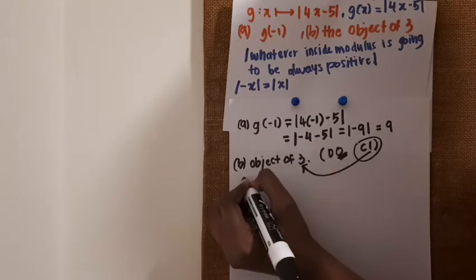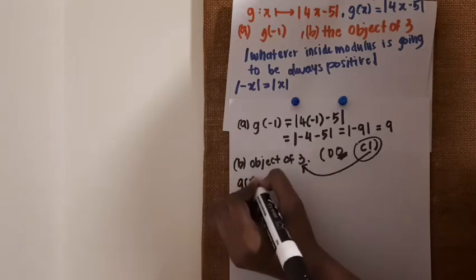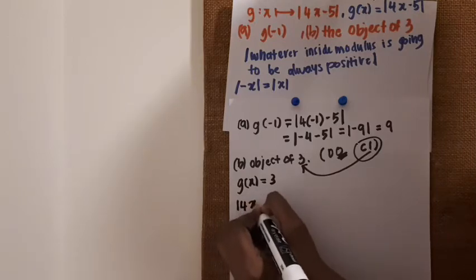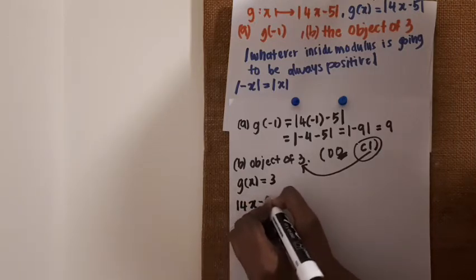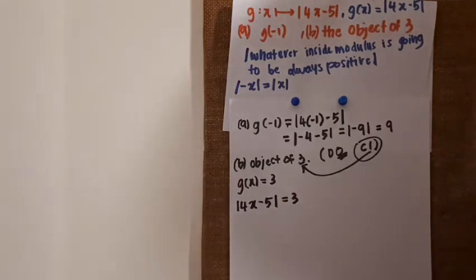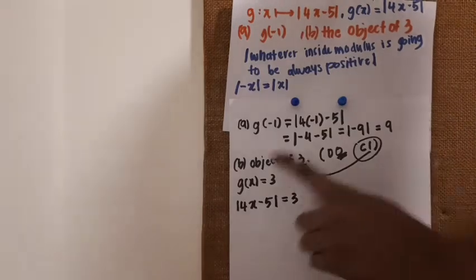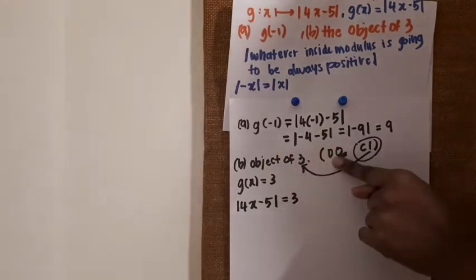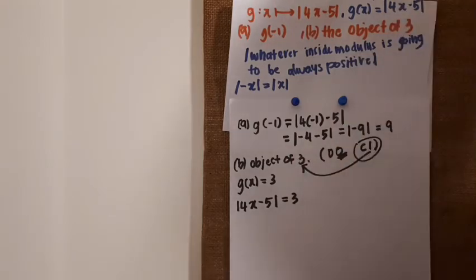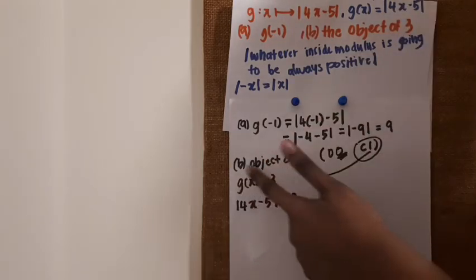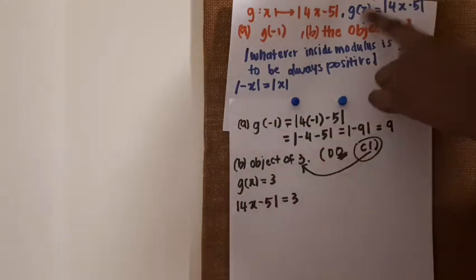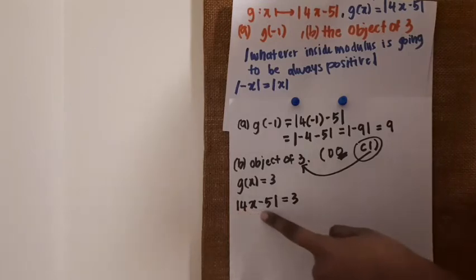So we know that g(x) equals 3, or modulus of 4x minus 5 is equated to 3. And why is that? Because they are asking about the object of 3, which means 3 should be the image, and image means the answer. Answer means g(x) equals 3, and g(x) is actually modulus of 4x minus 5.